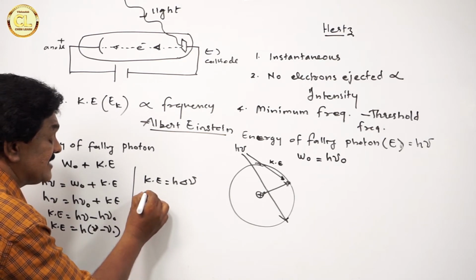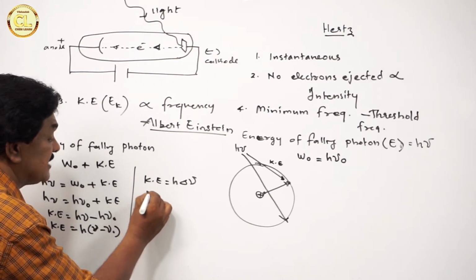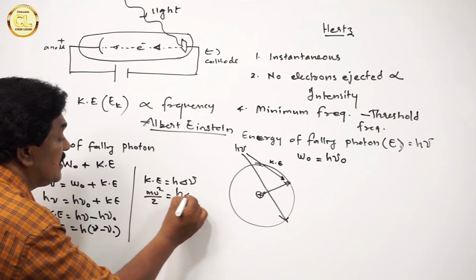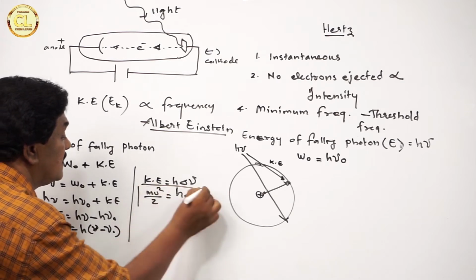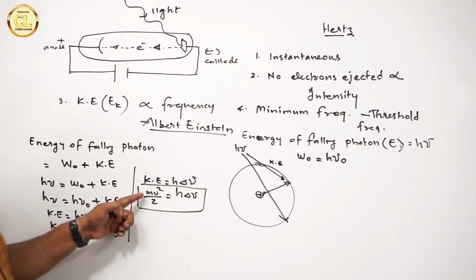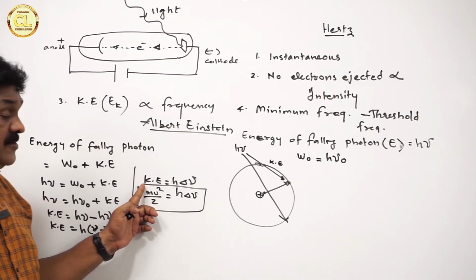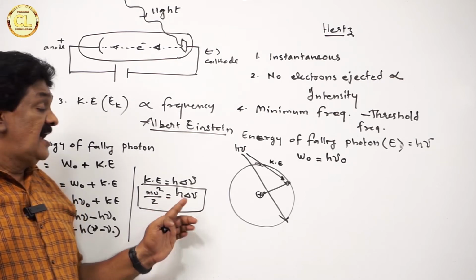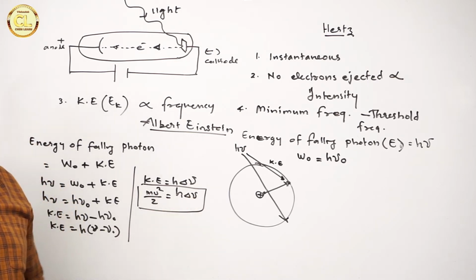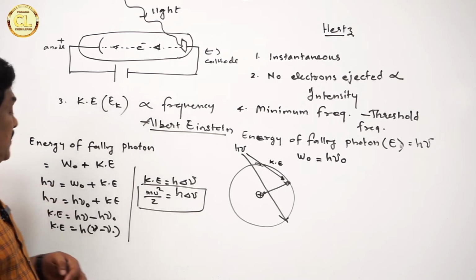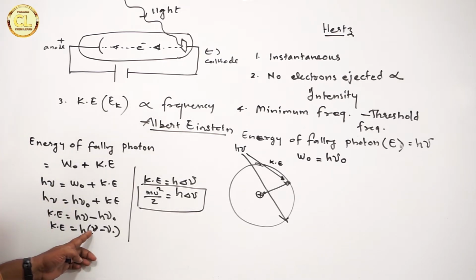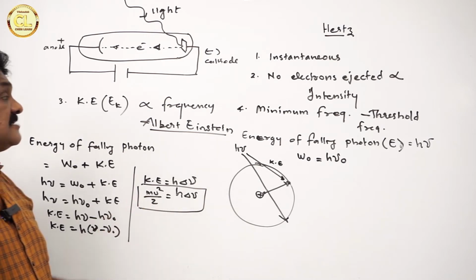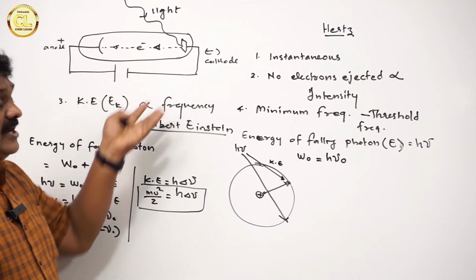Kinetic energy is expressed as half mv square, that is mv square by 2 is equal to h into delta nu. See, m is the mass of electron, v is the velocity of the electron, h is the Planck's constant, and delta nu is the change in frequency, that is difference in frequency between the incident frequency and the threshold frequency. Okay. This is the explanation for the photoelectric effect.